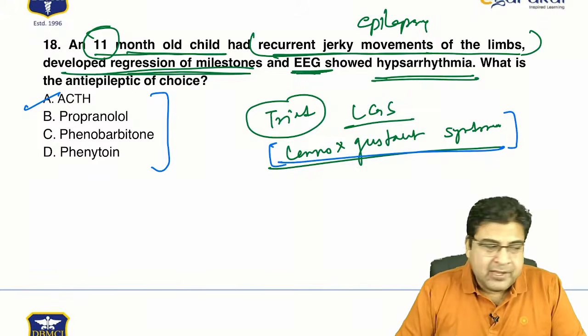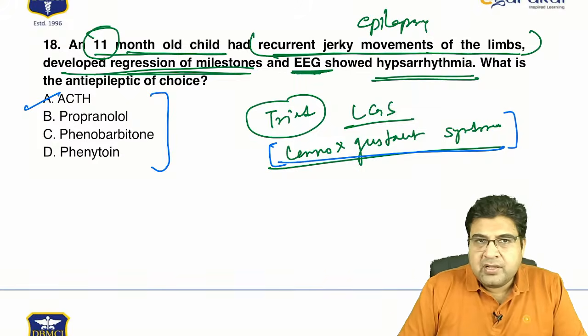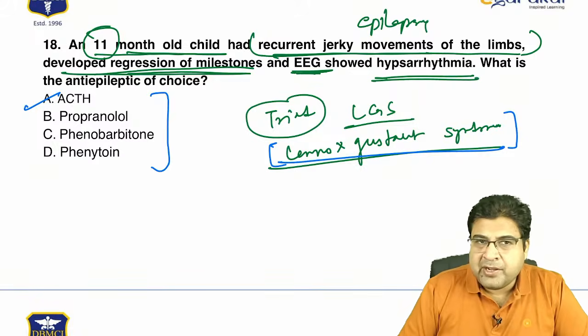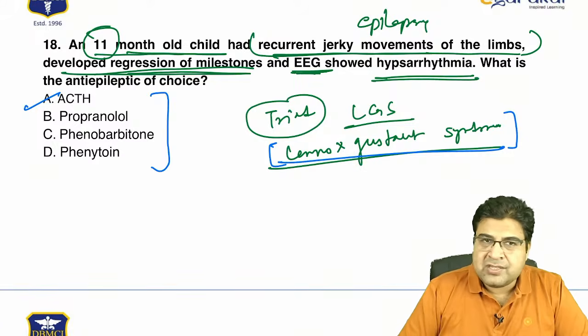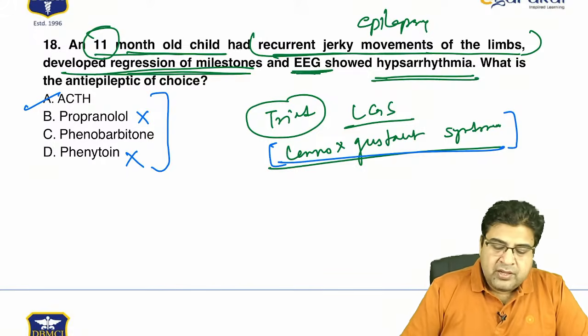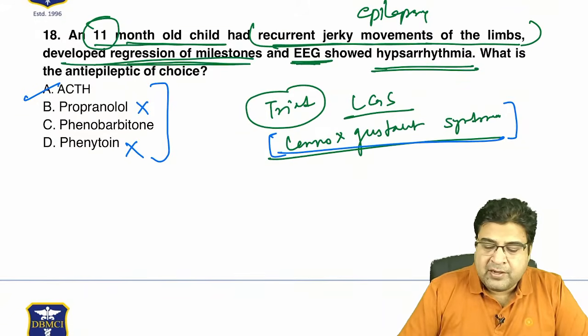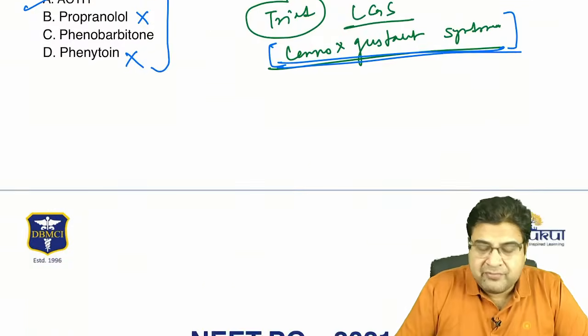But for the proper diagnosis, guys, I suggest you consult your pediatric faculty, who would help you in making the proper diagnosis. So question number 18, answer is ACTH as per me, because propranolol is not an antiepileptic. Phenytoin generally we don't give to children, right? Phenobarbital can be the answer, but ACTH would be the better answer considering the disorder as LGS. This is the only explanation I can give you.